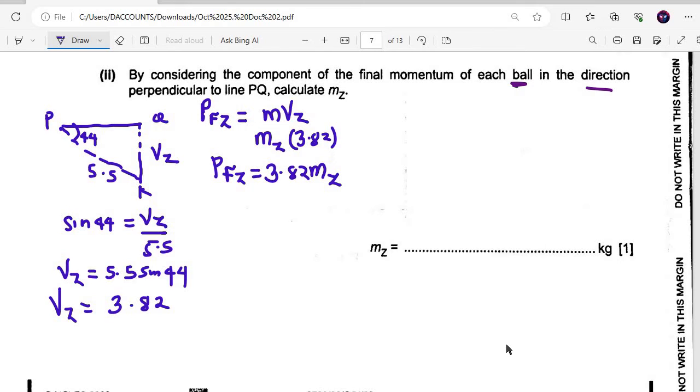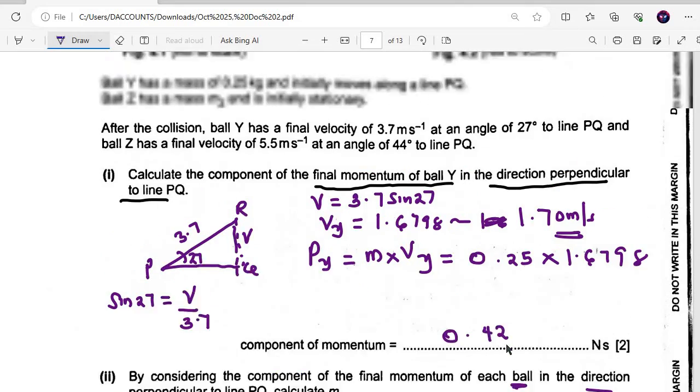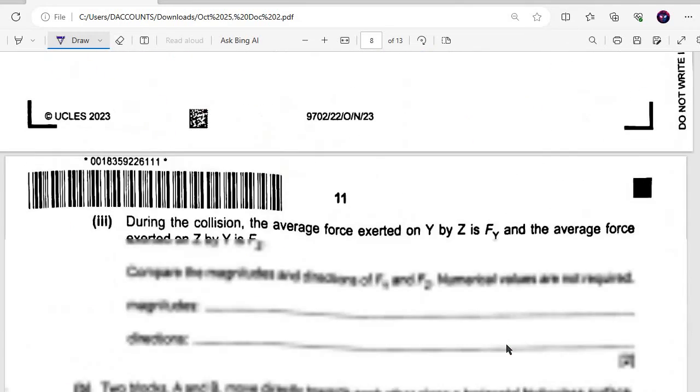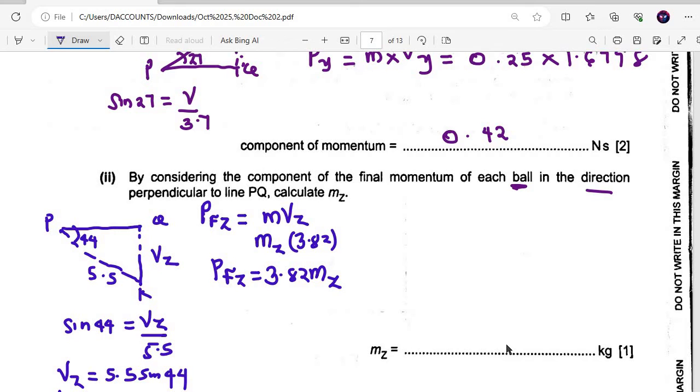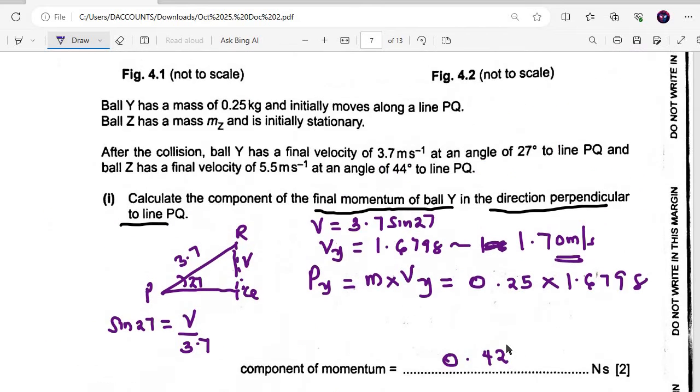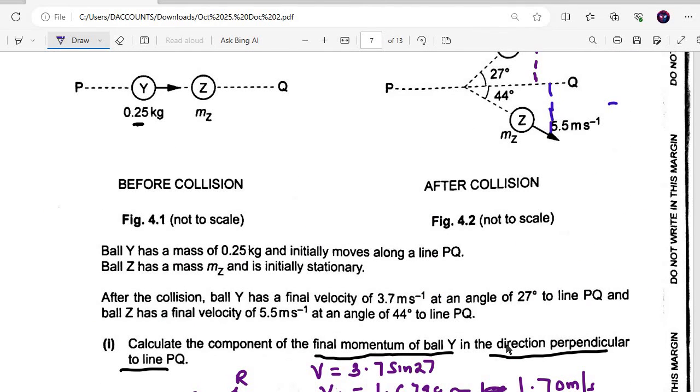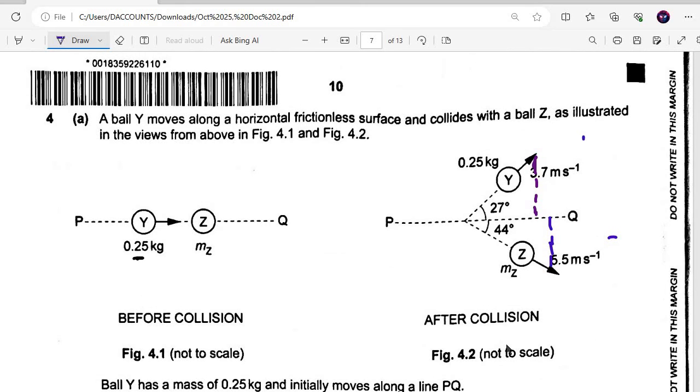But the question asks us to find mZ. Note that the momenta we just found are vertical momenta. For Z it is downward, so negative, and for Y it is upward, positive. From the principle of conservation of linear momentum, the momentum before collision in the vertical direction is zero, since there is no vertical motion before collision.